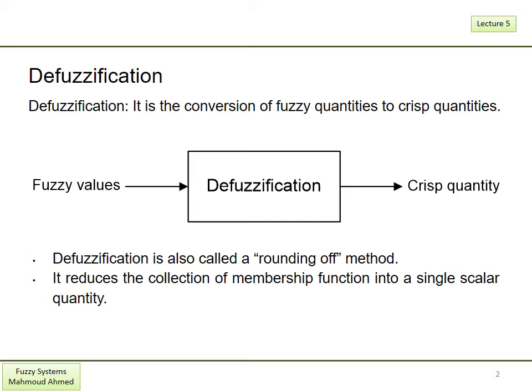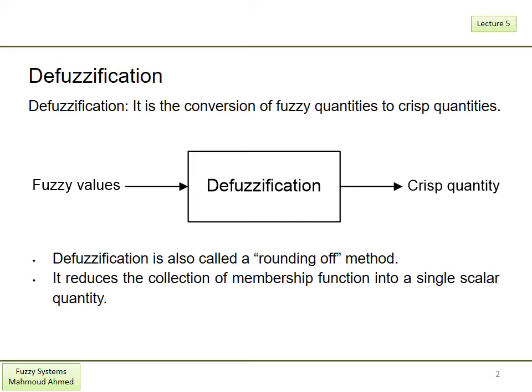Now we are going to do the opposite with defuzzification, in which we convert a fuzzy quantity to a crisp quantity. And we have mentioned before that a crisp quantity is a classical absolute quantity that can be measured in the environment.